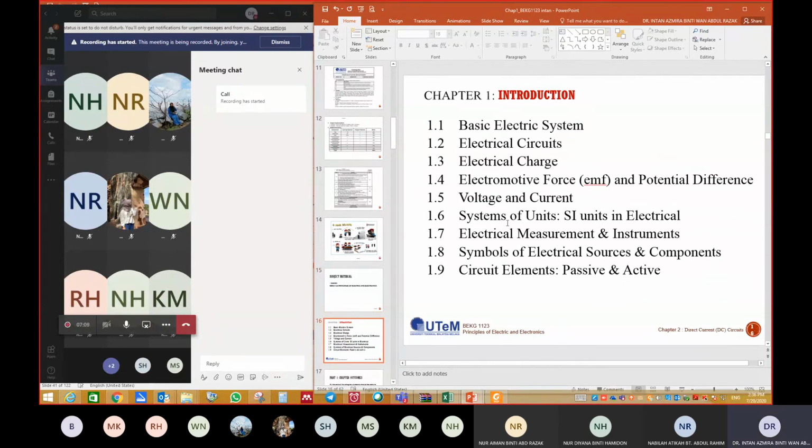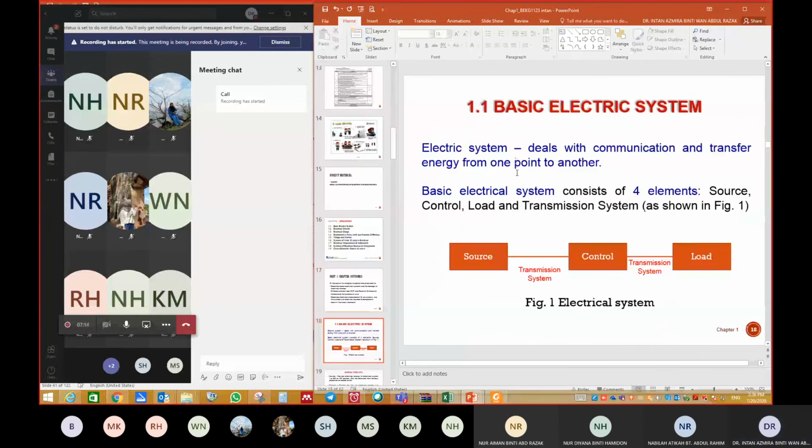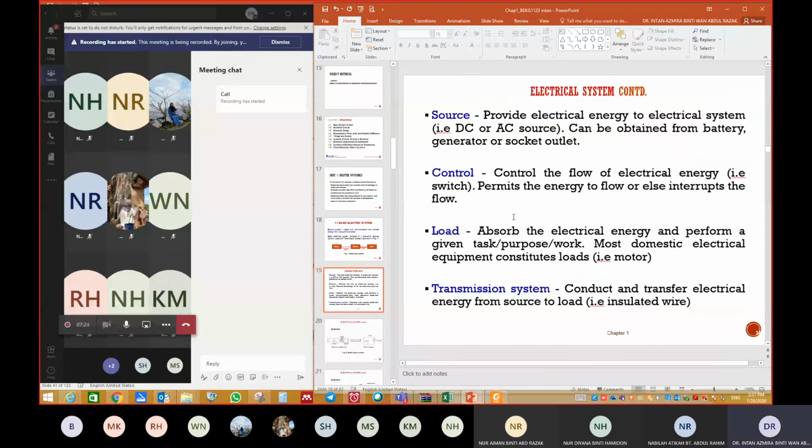Okay, these are the content of chapter 1. You know this. We have source, transmission system, and distribution system. It is load. If you want to ask a question, you can just interrupt me. I will not go through one by one or in great detail, because you have learned this last year, right?